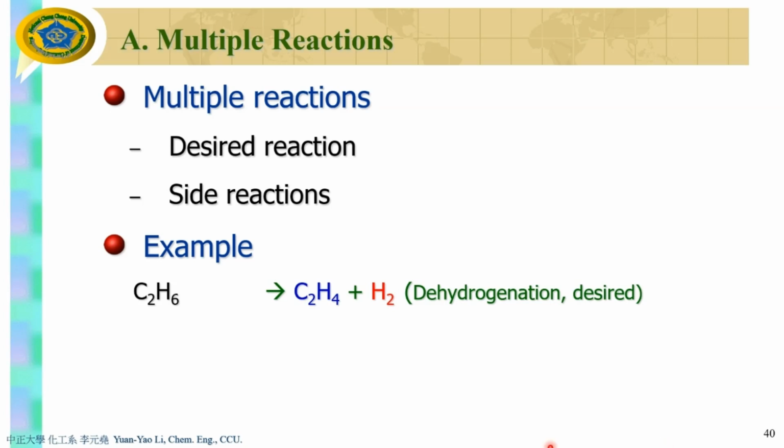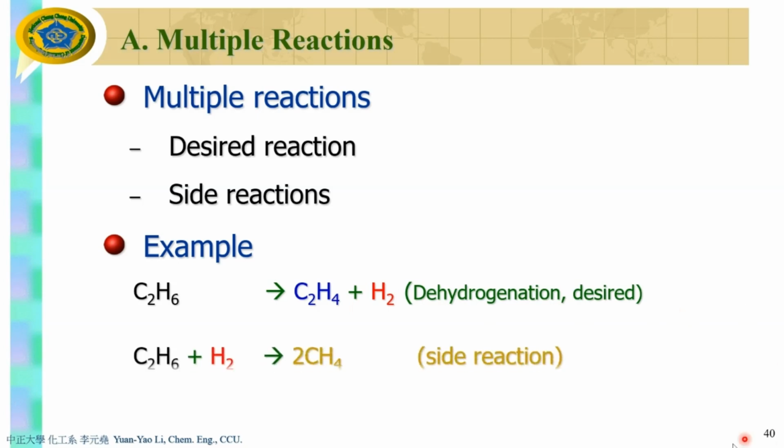This kind of process we call a dehydrogenation process. C2H6 loses one molecule of hydrogen, so it becomes C2H4. This is the desired reaction.